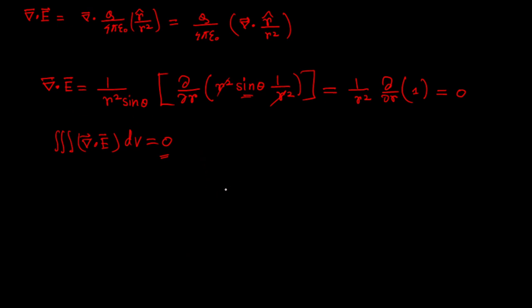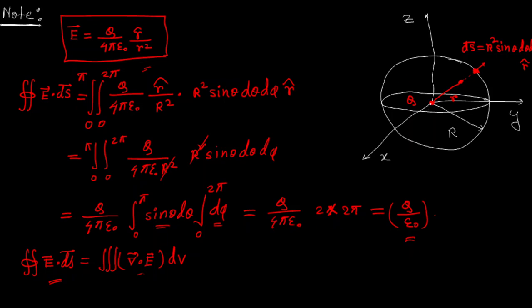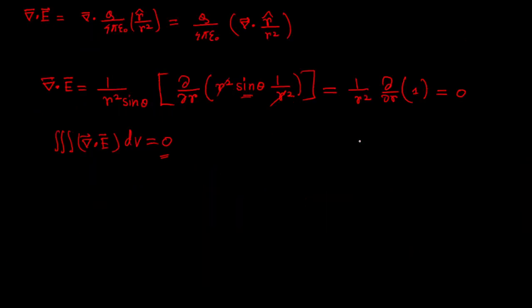The divergence of this electric field actually gives the idea of how the charge is distributed over the sphere. You can see that there is only a point charge at the origin, and at other points there is no charge. So at all other points, the divergence of this electric field will be 0.